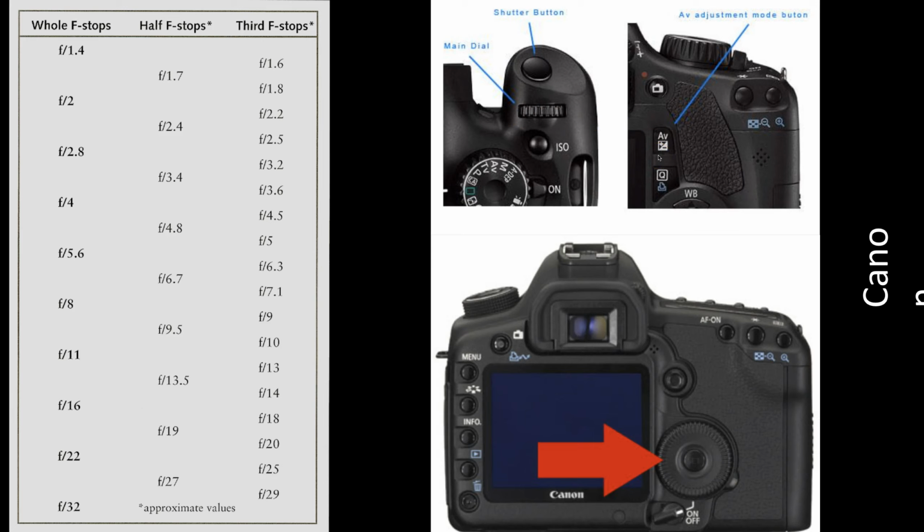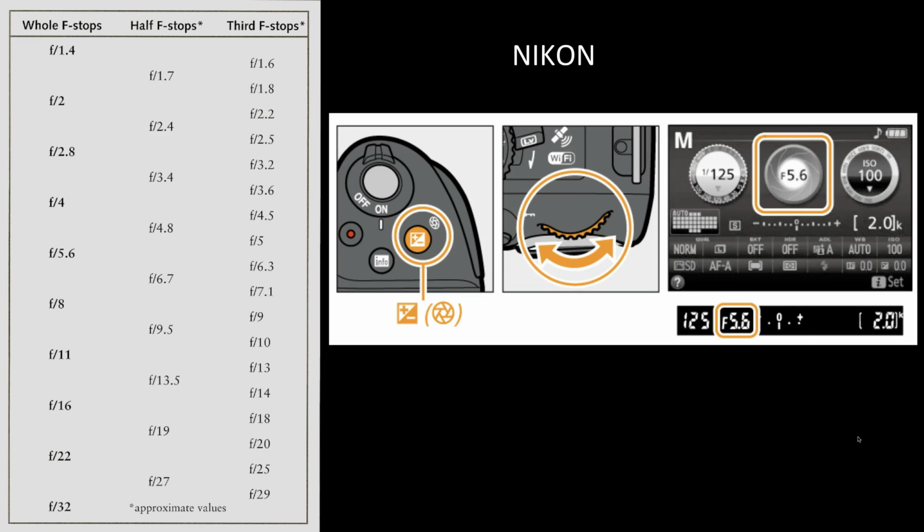Now, for right now, all you have to do is put it on AV or A. Okay, if you have the type of camera that has this dial on the back, because not all Canons do, this can also be your aperture dial when you're in manual mode. It won't do anything when you're in aperture priority, I don't think.